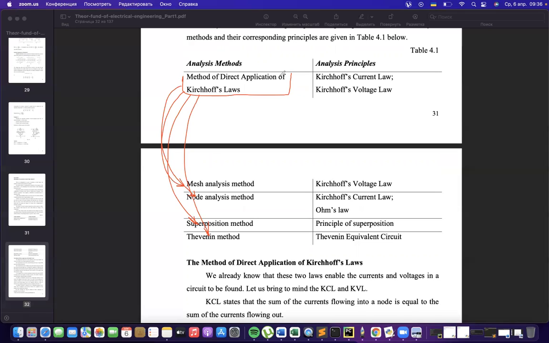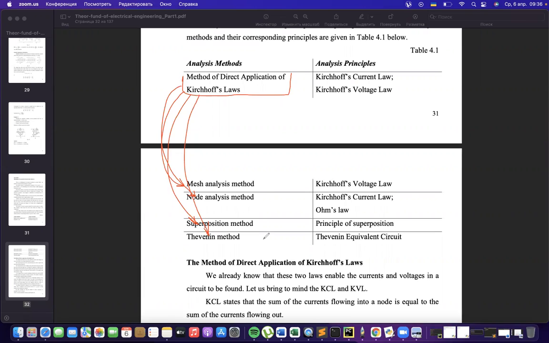the simplest method for understanding, but mathematically it produces the highest number of equations that you could get.